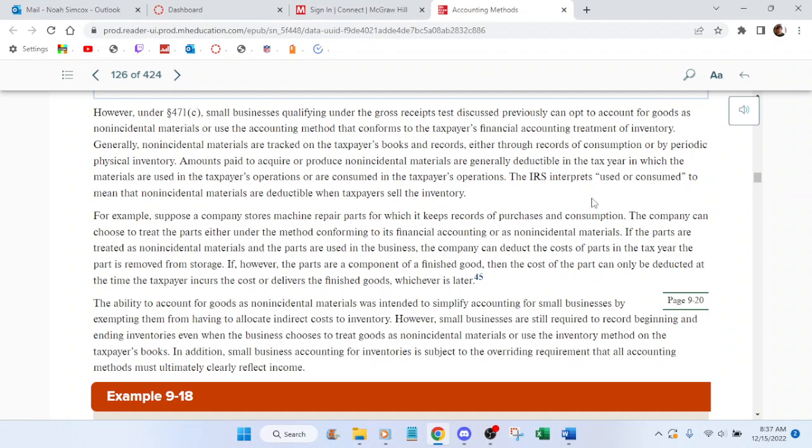The ability to account for goods as non-incidental materials was intended to simplify accounting for small businesses by exempting them from having to allocate indirect costs to inventory.